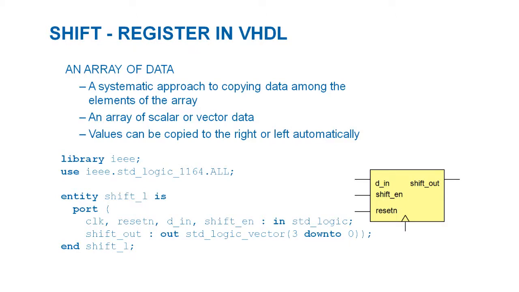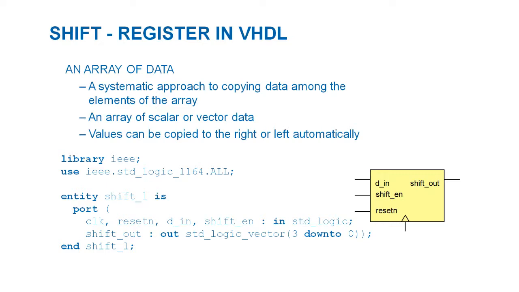So moving forward from counters, perhaps we would like to do something like shift registers, in which case you have an array of data, and you would like to shift them to the right and to the left, perhaps 1 step at a time, or 2 steps at a time, or multiple steps at a time.